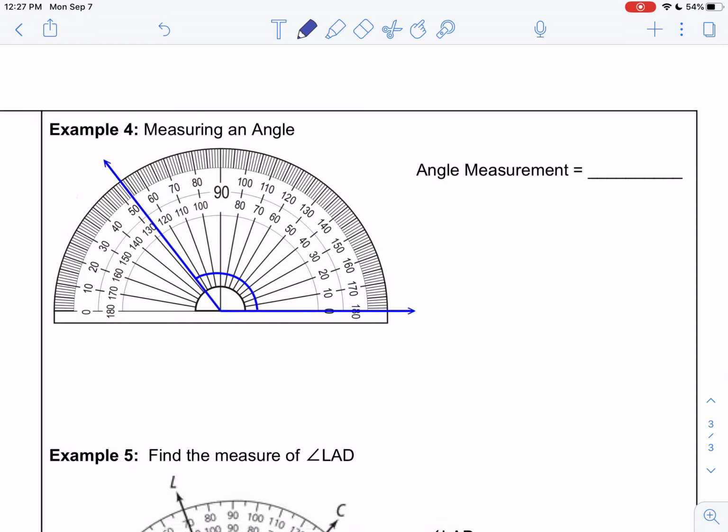In this next instance, we start by asking ourselves, is this acute or obtuse? Okay, so take a moment, answer that question, measure the angle, and then pause. Okay, so coming back, I notice that this is an obtuse angle. It's more than 90 degrees, so that means I'm going to be using those larger numbers.